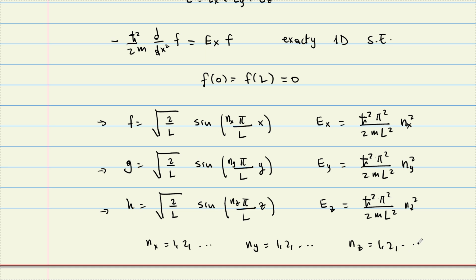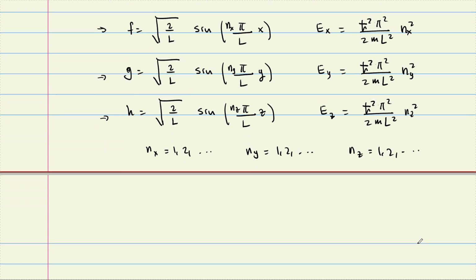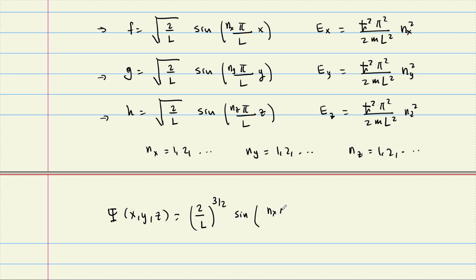Now I can glue all these little pieces together to get the full wave function. The full wave function is psi of x, comma y, comma z. Now there are 3 of these, 2 over L to the 3 halves, and this is sine of nx pi over L x. Let me copy this one and this one.